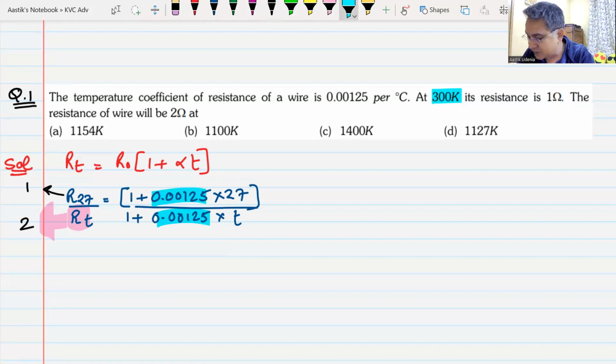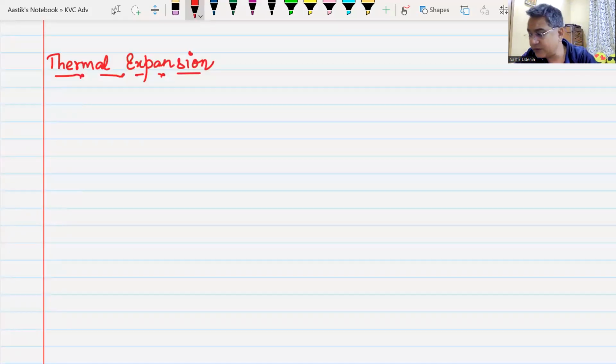Now we move on to the next thing, and that is known as thermal expansion. What we have seen is that when the temperature of a body changes, if it's not changing its state, the body expands. Yes or no? Yes, sir.